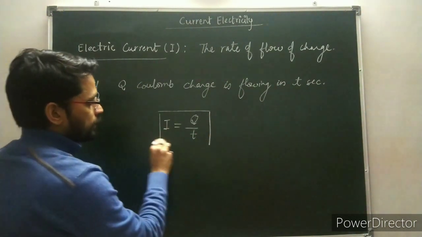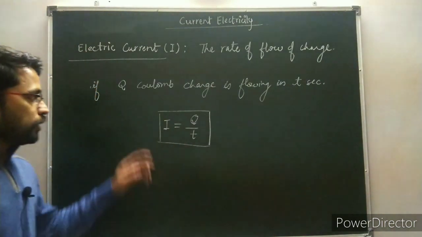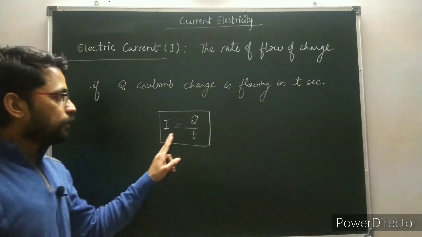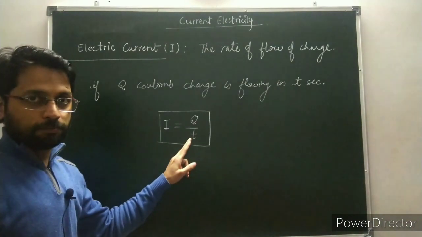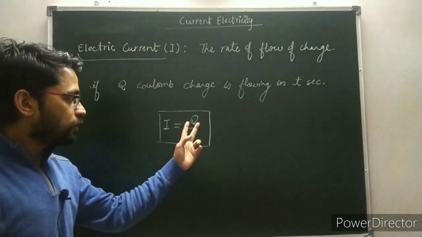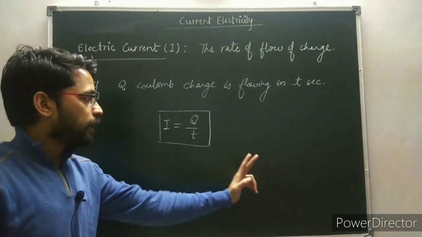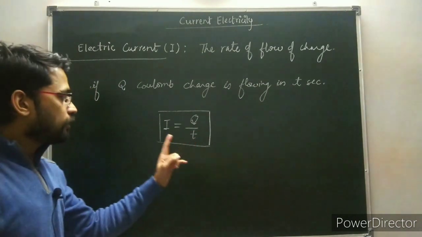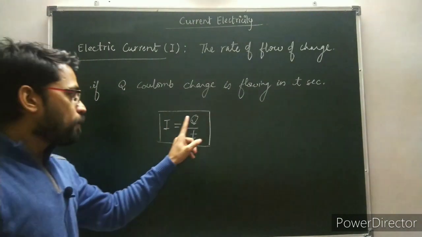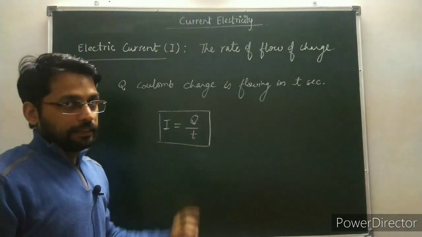So this is the expression for the electric current, the rate of flow of charge. If Q coulomb charge is flowing from one point to another in time t, then the electric current is given by I is equal to Q by t.